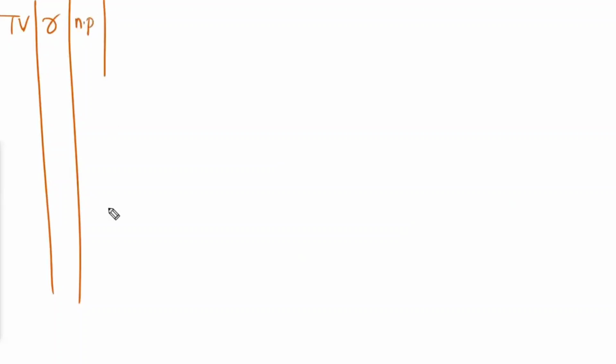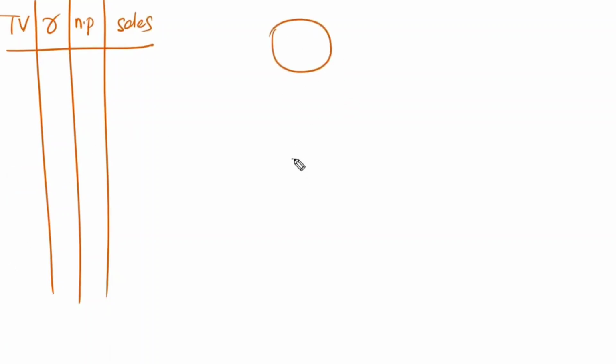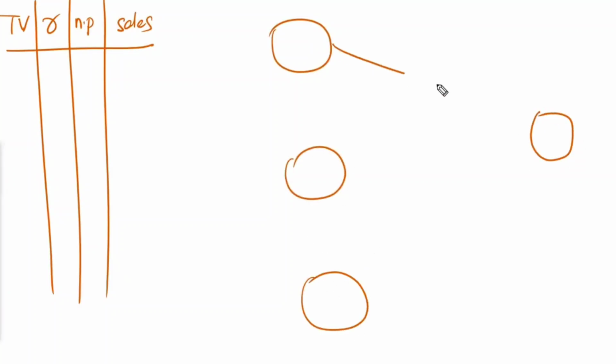Let us assume the TV, radio, newspaper and sales example, the same thing, where I have applied linear regression. Now the same logic: here are 3 neurons and 1 neuron, without a hidden layer. Directly I am taking the perceptron model only, there is no hidden layer.